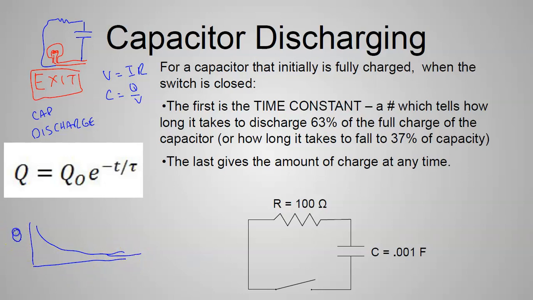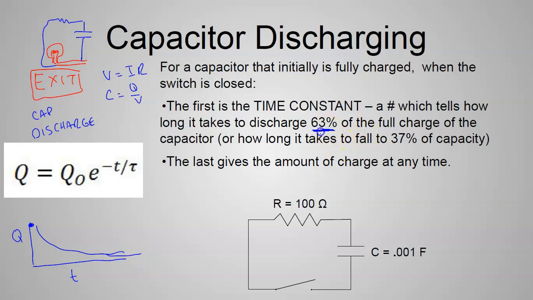All right? There's going to be some amount of charge on my capacitor when it starts, and as time goes by, that charge is going to run out of the capacitor through the light bulb, and the charge left on the capacitor is going to approach 0, again asymptotically, so it doesn't make sense to say, well, how long does it take it all to run out?